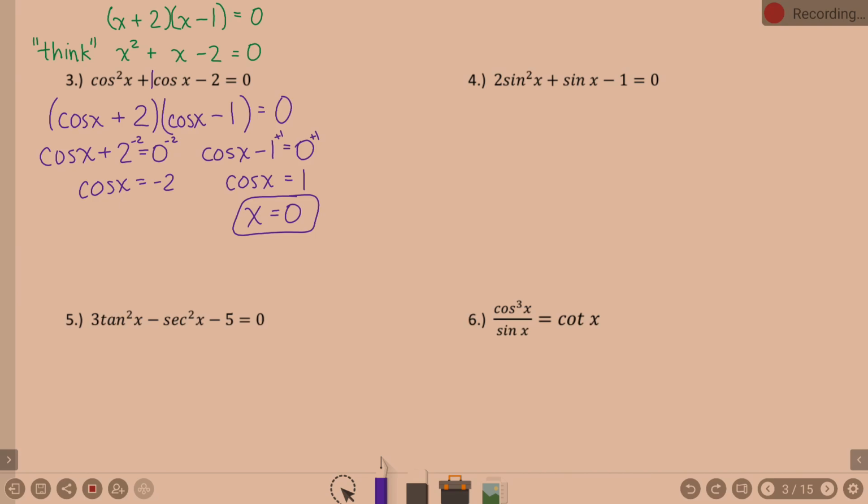Now, what about cosine equaling negative 2? You just go like another rotation from negative 1. Like another rotation around the unit circle? Yeah. Another rotation around the unit circle, those values are still going to be the same though.